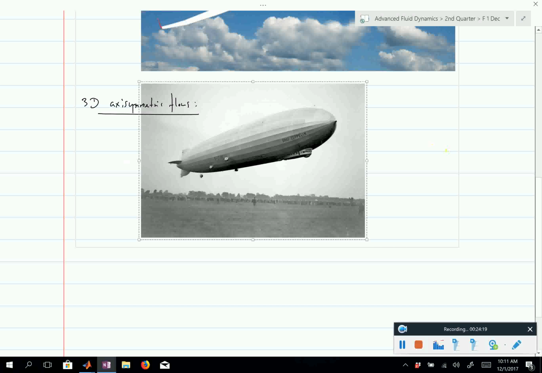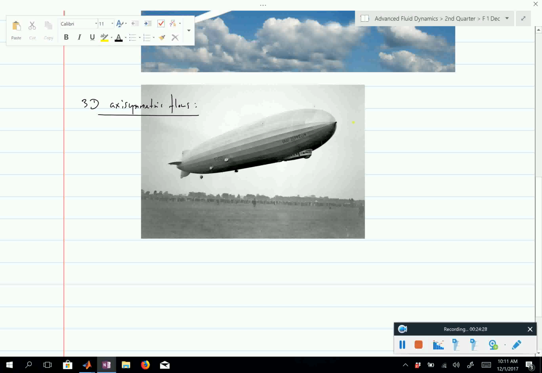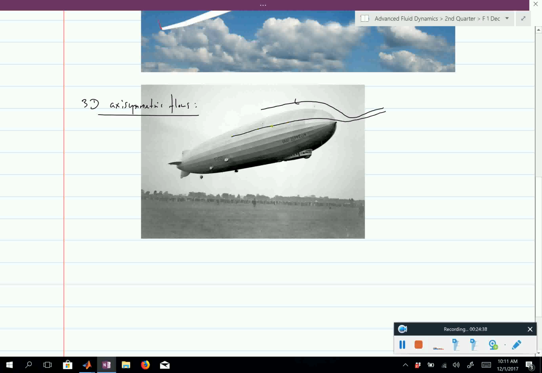Okay, so here the flow we are discussing is, if you are in the framework of this long elongated body, then you have an incoming flow from this direction, right? And if you think about it in the plane, the streamlines are going to look a bit like this. So they go around the object.